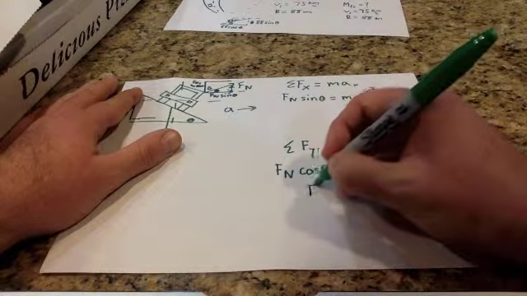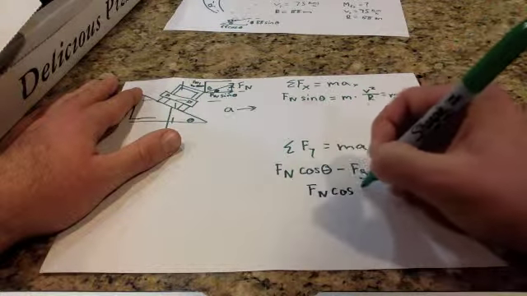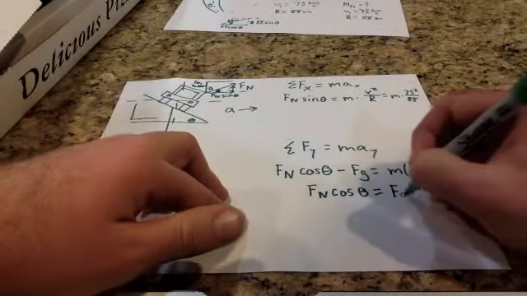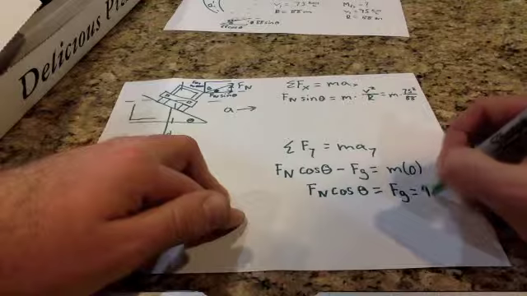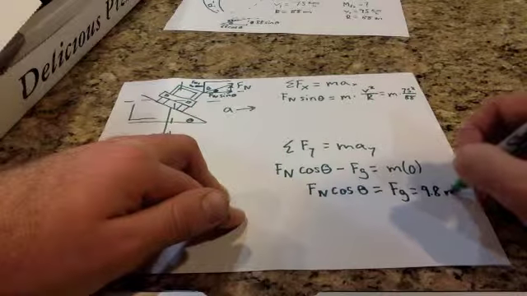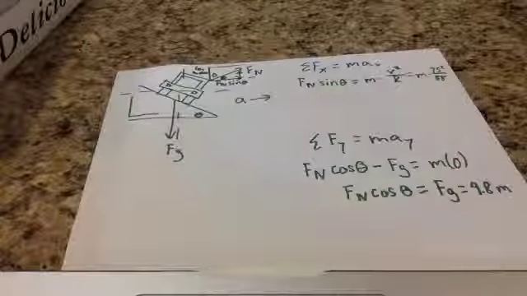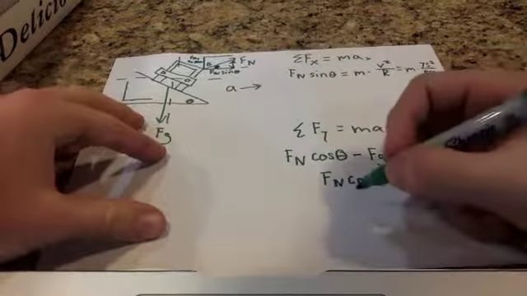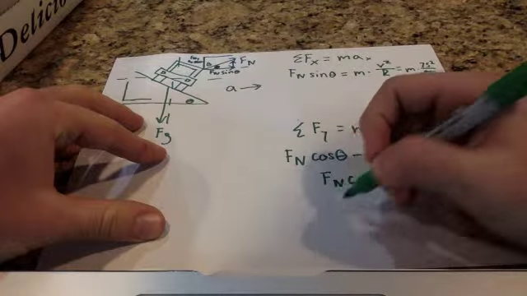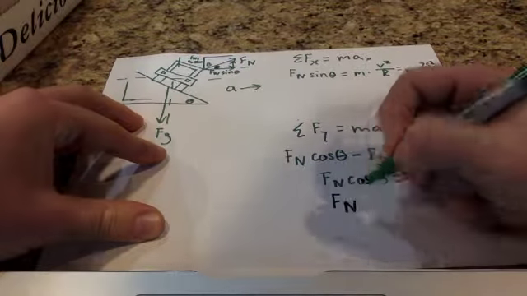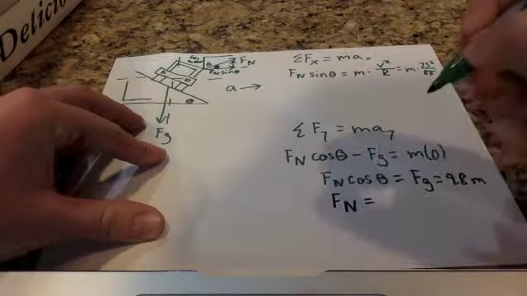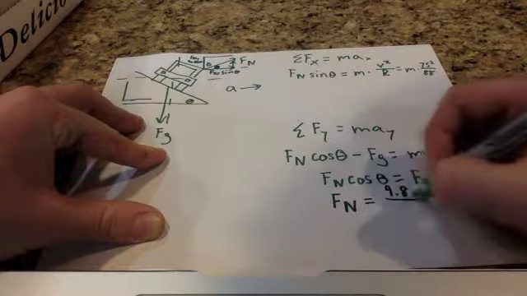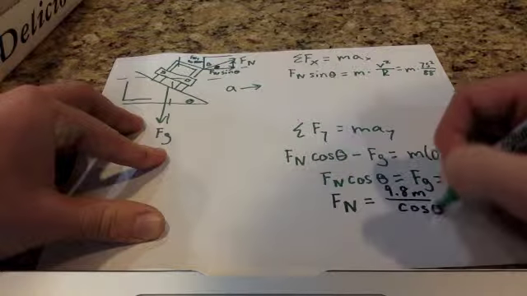So we can rewrite this as F_n cosine theta equals gravity, which is 9.8 times the mass of the car. So now that we know what weight equals here, we can rewrite this to be that the normal force here equals 9.8 times the mass over the cosine of theta.